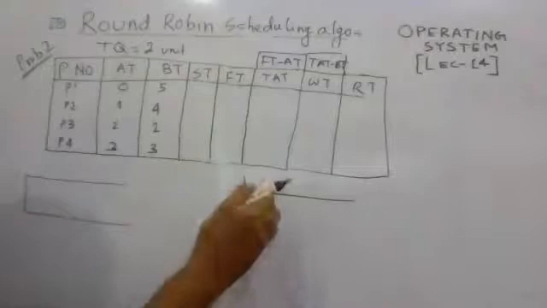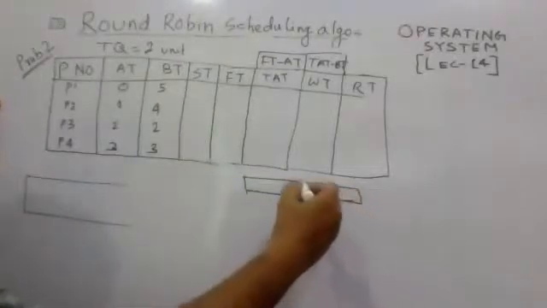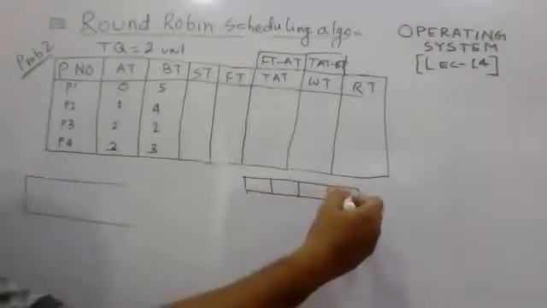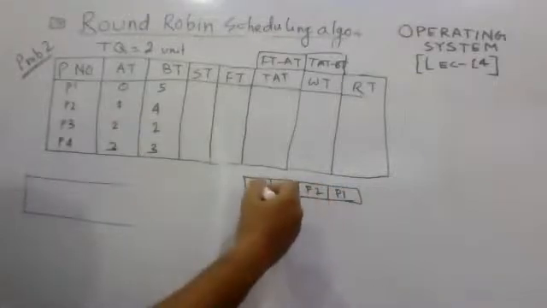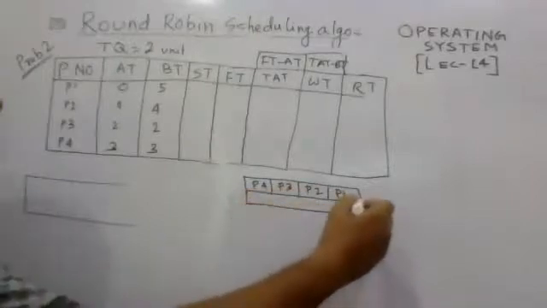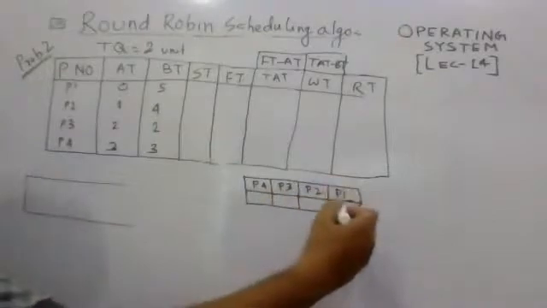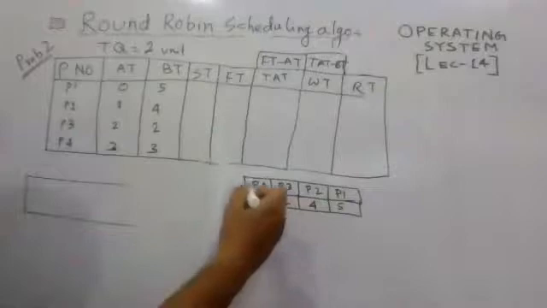So this is our FIFO queue, and here there are 4 processes, P1, P2, P3, P4, right? With burst times 5, 4, 2, 3.